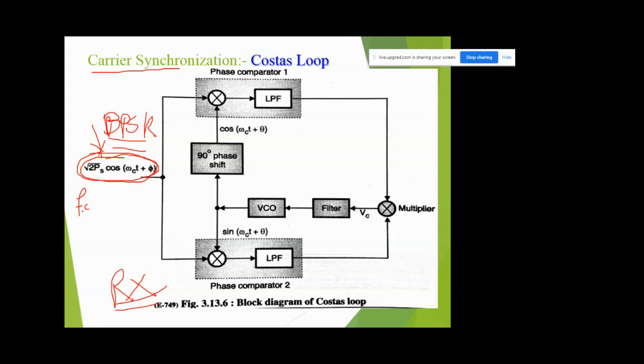Now let's see how we recover it here. This received BPSK signal we have to connect, first of all, to phase comparator 1, which is the combination of a multiplier and a low pass filter. Similarly, the same BPSK signal we connect to the second phase comparator, again the same combination of multiplier and low pass filter.